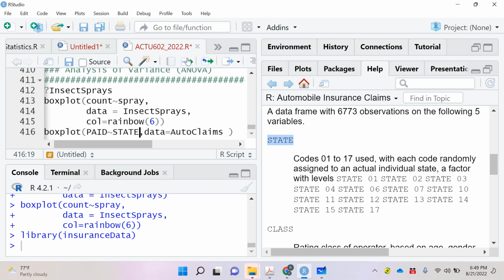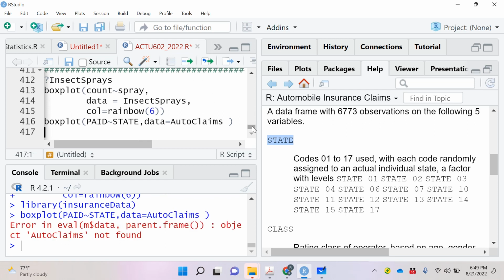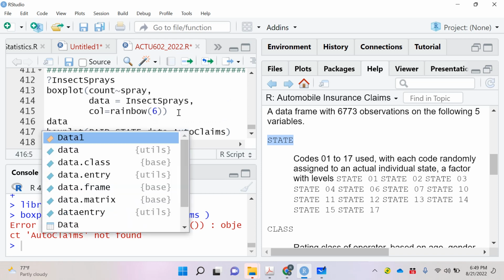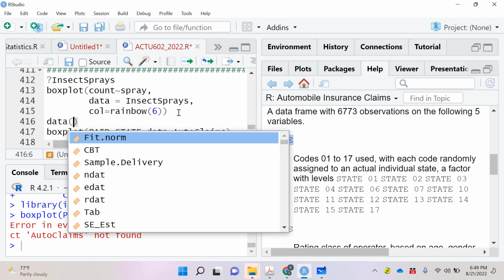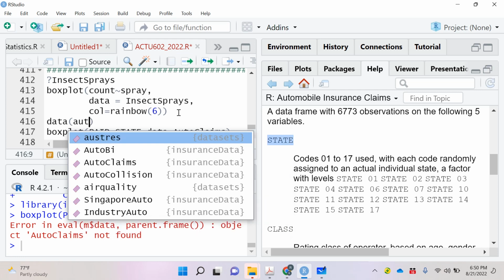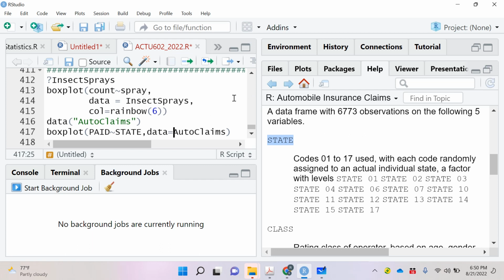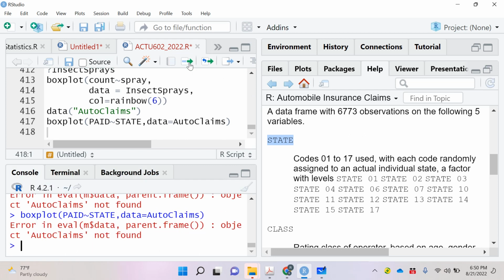So let's see how this looks. Oh, auto claims not found. I have to attach it. Data auto claims. So why didn't it come? Let me do it again.